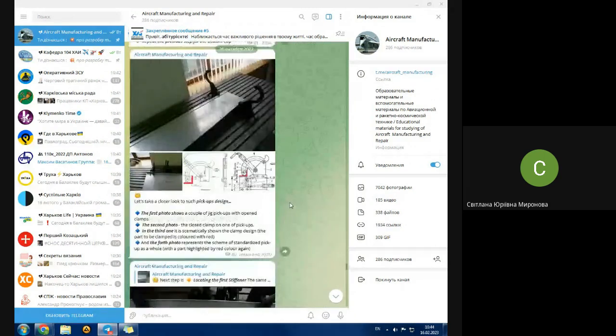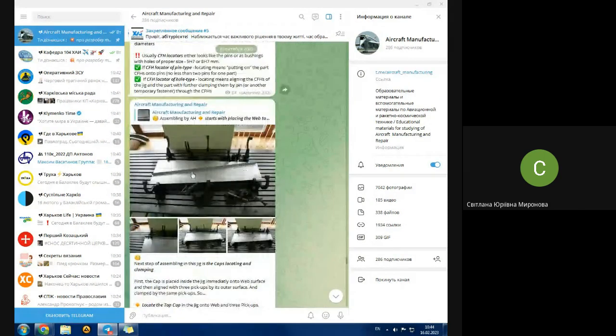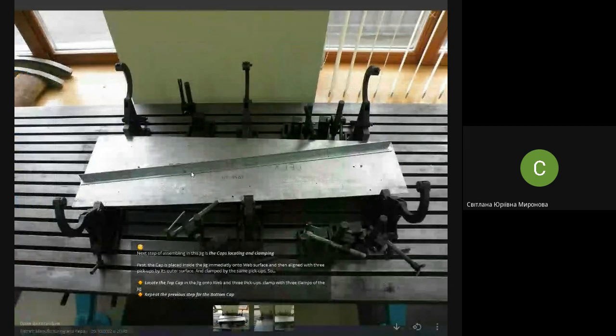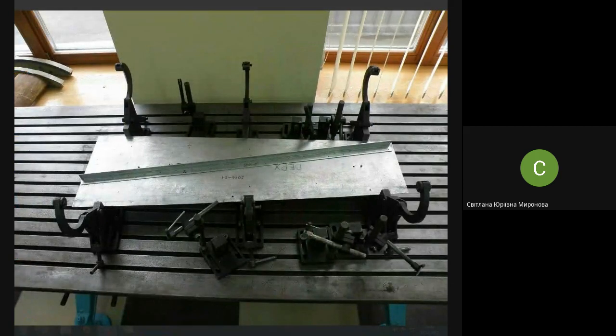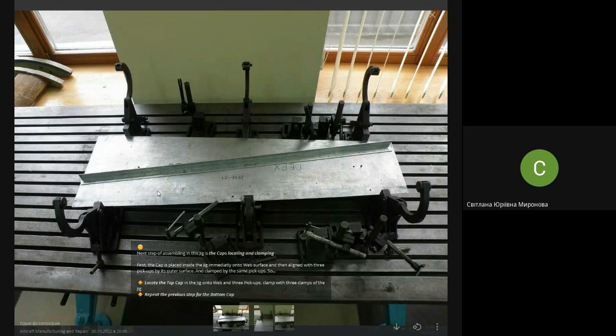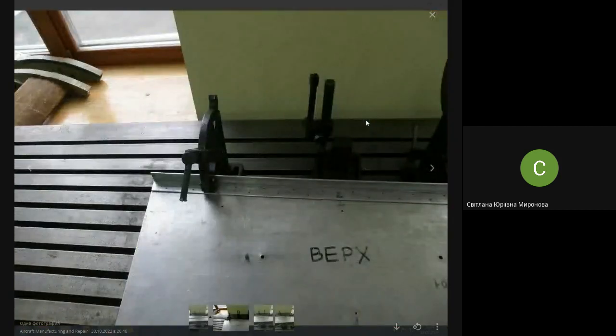Let's come back to the jig. How to align something in a jig, you see. Put the web onto these two pins. Next, the cap would be moved to these locators. Here is the locator clamp, now it's closed.